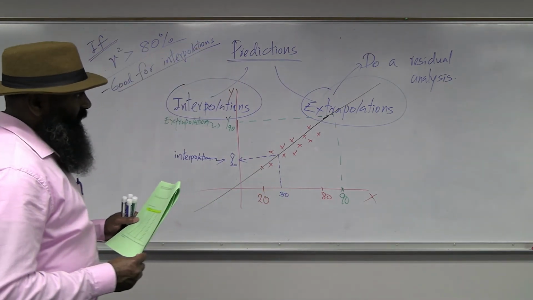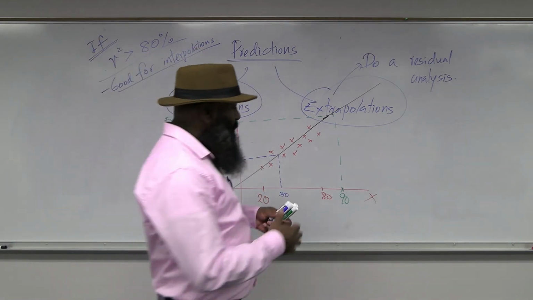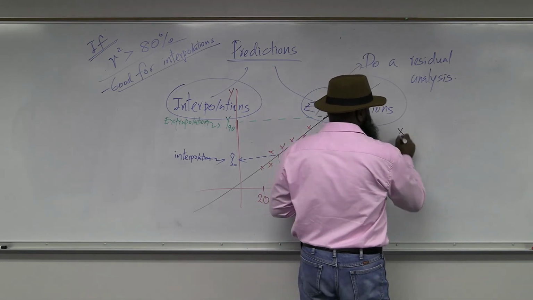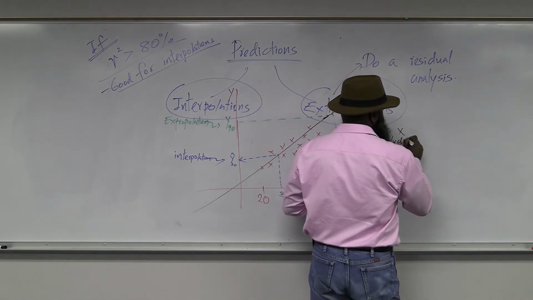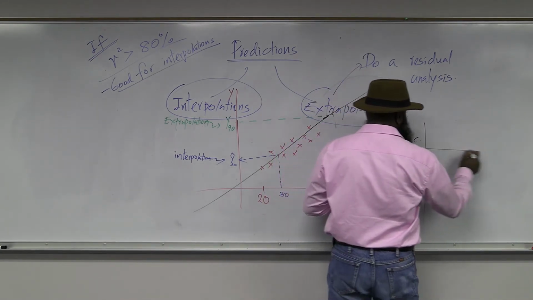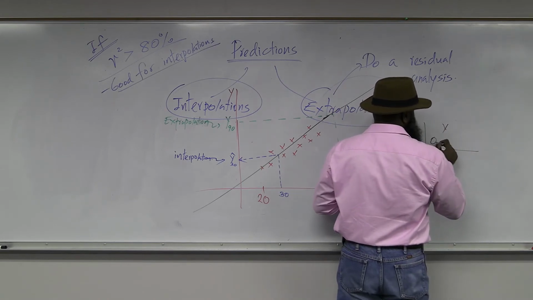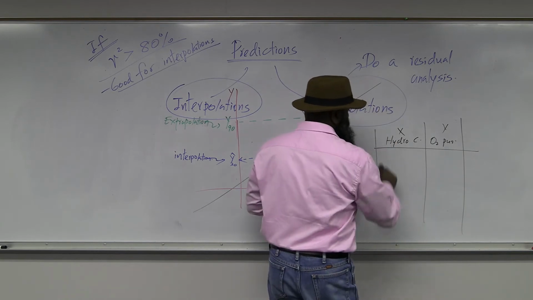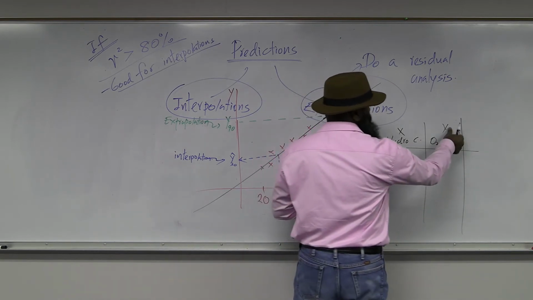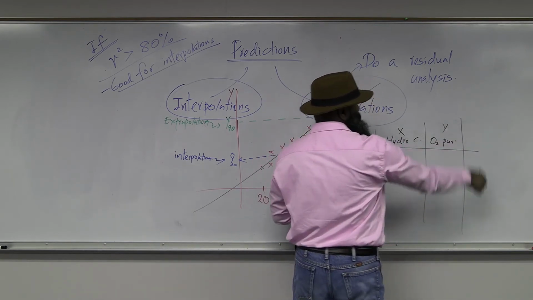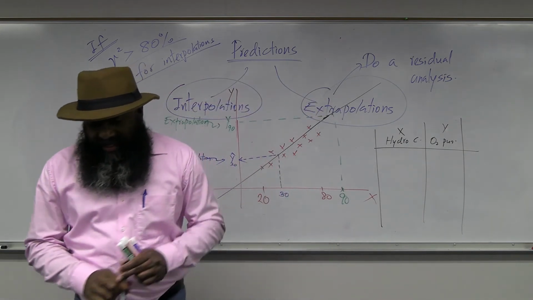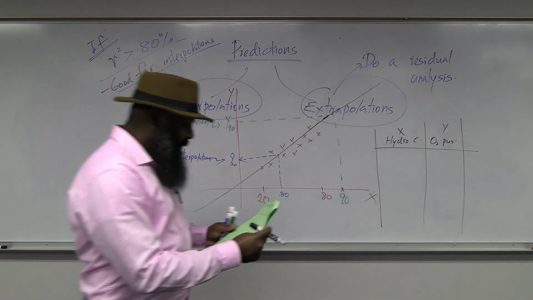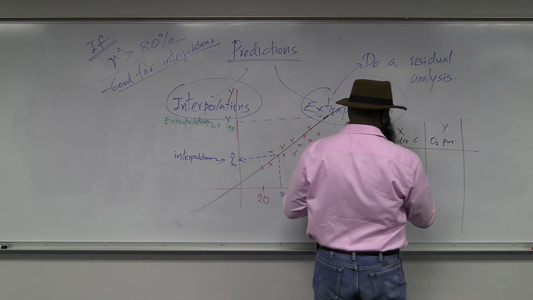So we have our data set. So the data set has X values, which are the hydrocarbon levels, and we have the Y values, which are the oxygen purity. So the first hydrocarbon level is 0.99.